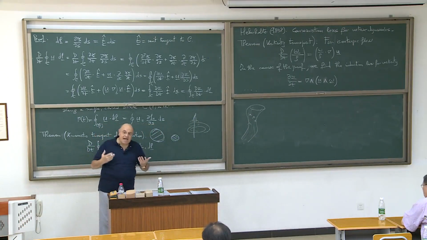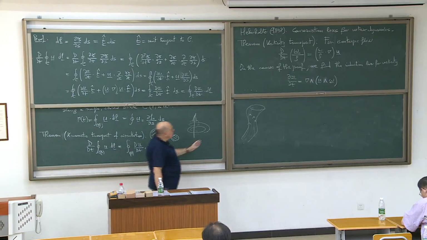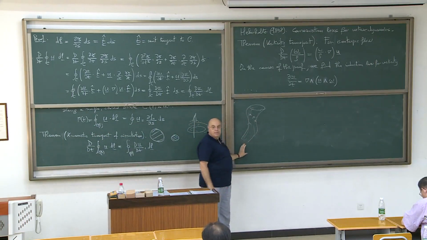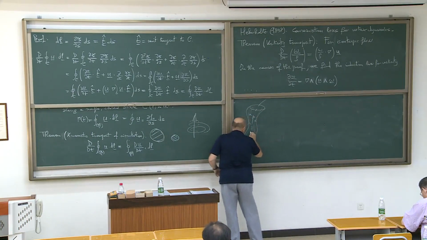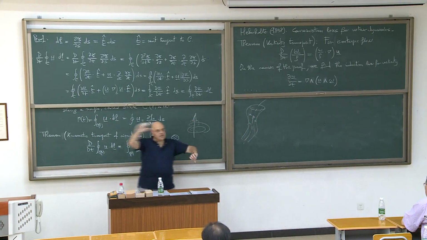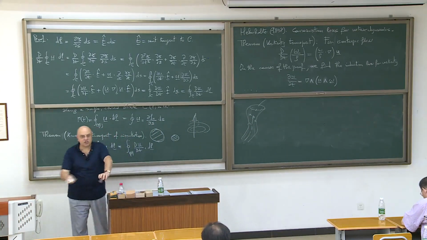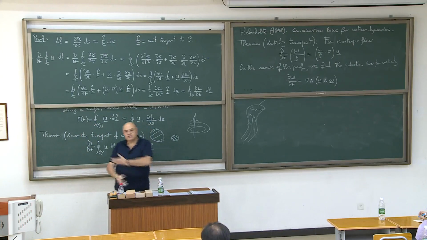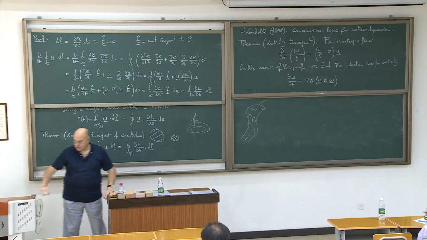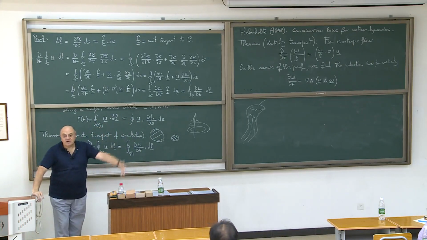So again, in an ideal sense, you can identify a vortex tube, and the vortex tube has its own axis, of course, and you can follow the vortex tube in the fluid, and this vortex tube can interact with other vortex tubes.